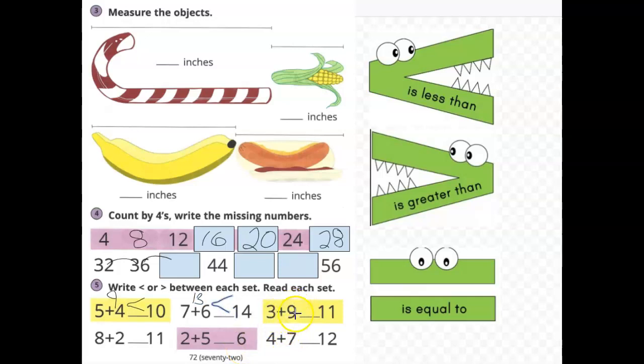So I'm going to count. I'm going to start at 9 and add 3 more. 9, 10, 11, 12. So I have 12 here, and I have 11 here. Which way should the crocodile mouth eat? What's bigger? 12. 12 is greater than 11. It's bigger, greater, larger, right?